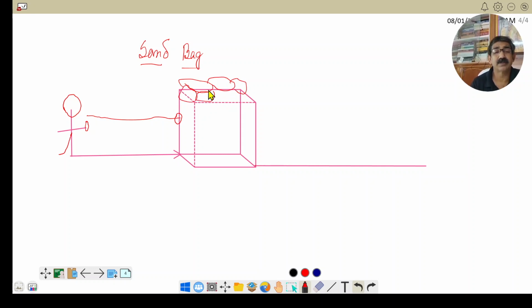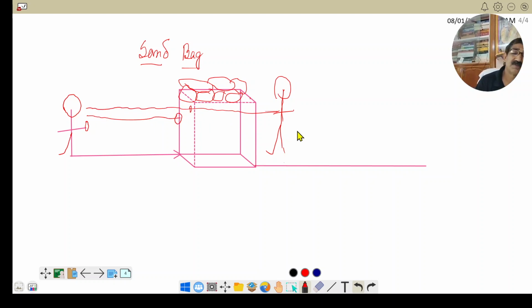A heap of sandbags is arranged here, and this is the safe zone. From this safe zone, the police constables, who are also armed, make a hole here. They are in the safe zone, and they can fire bullets towards the miscreants or the antisocial elements.